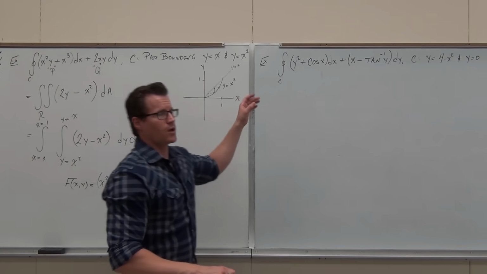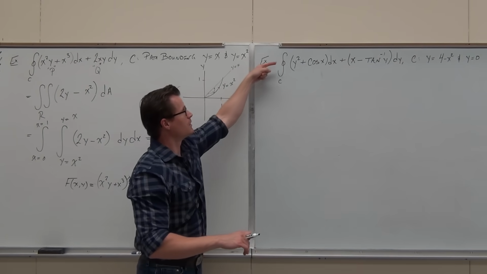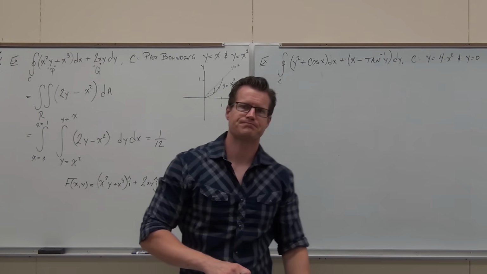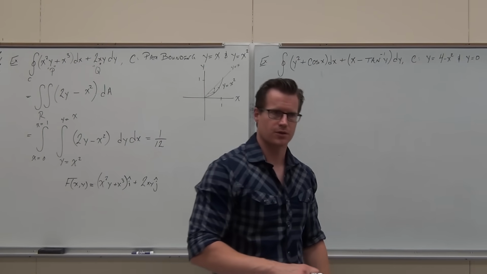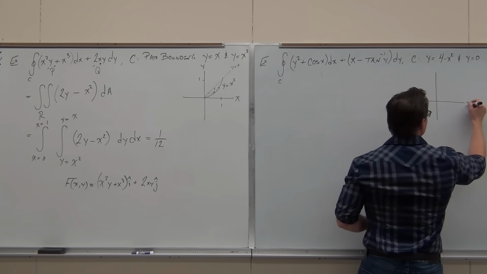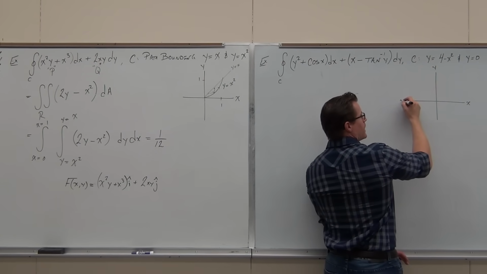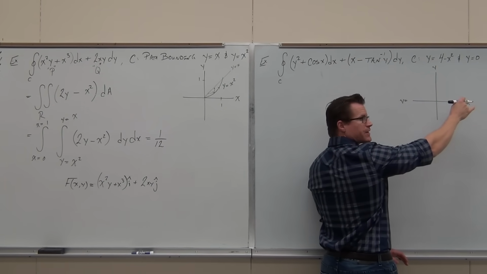So firstly, what's the first thing you do every single time you're given a line integral and I tell you that? What are you going to be doing? Draw the curve. This one says that y equals 0, that's the x-axis, that's fantastic.